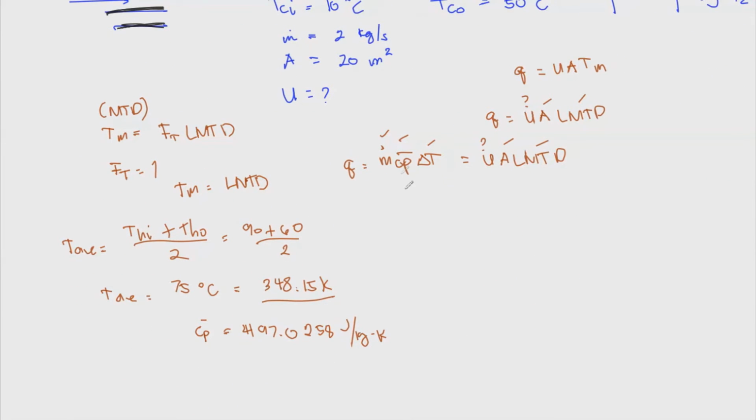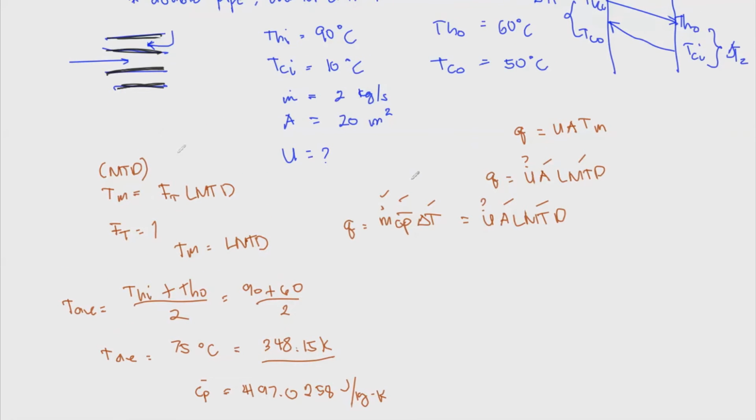Okay, so let's substitute all of these from our equation. So we have now m, which is 2 kilograms per second, and then Cp, which is 4,197.0258, that's joule per kilogram Kelvin.